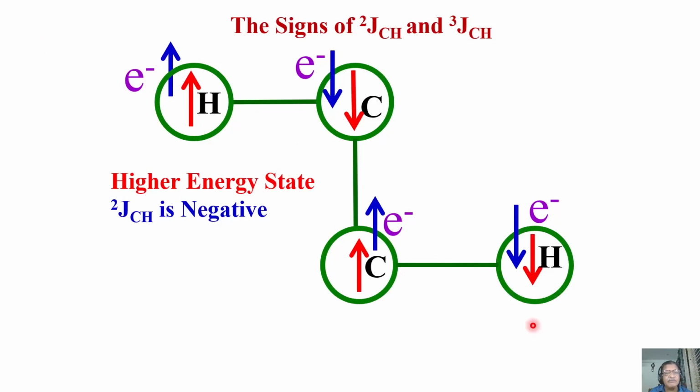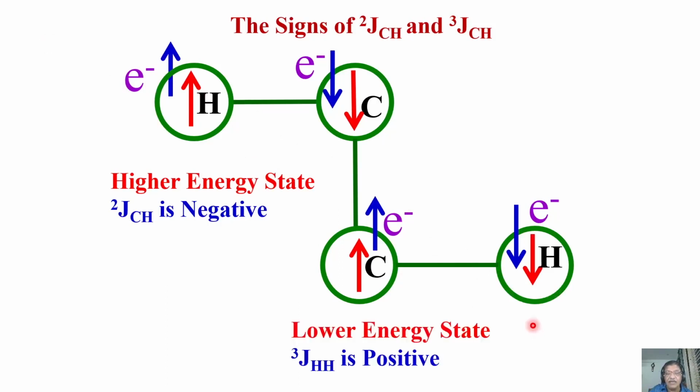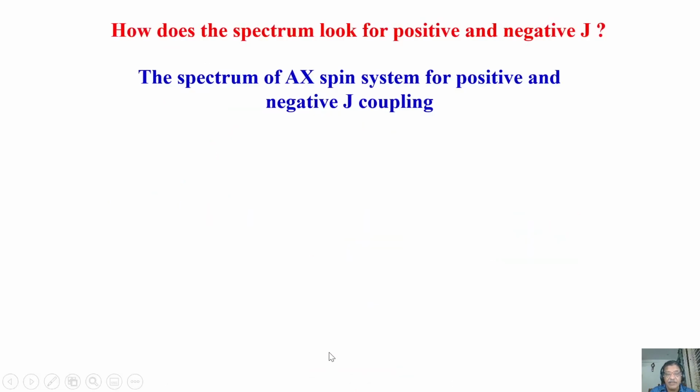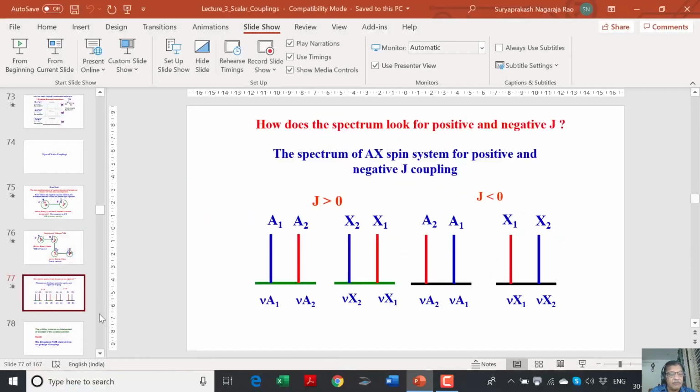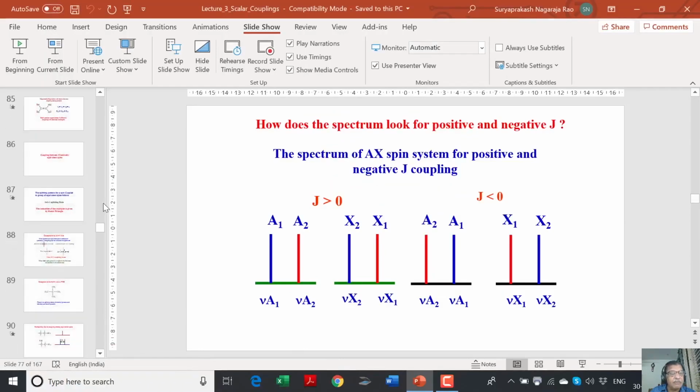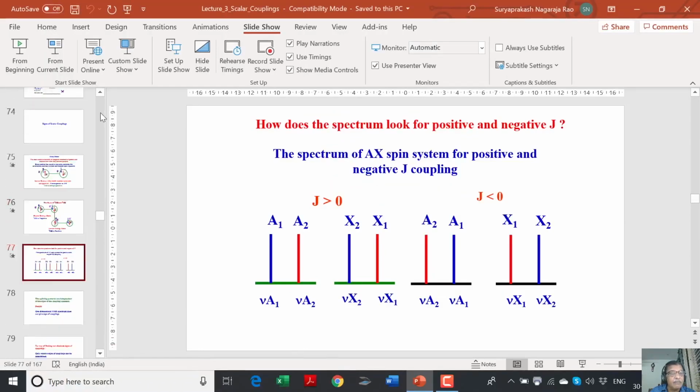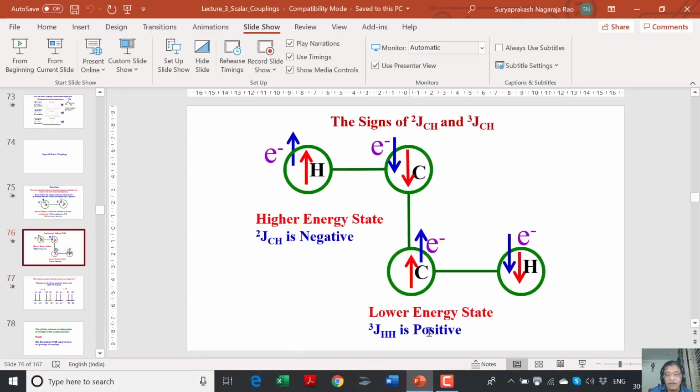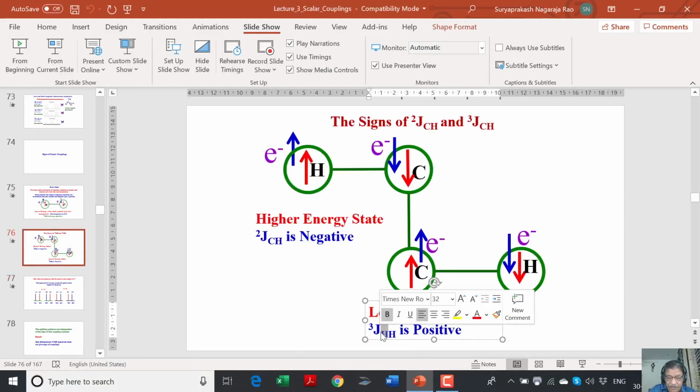What does it mean? This means this is a lower energy state. When it is a lower energy state, it means, see, this is JCH. I wanted to change that.